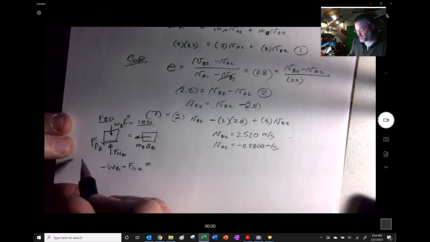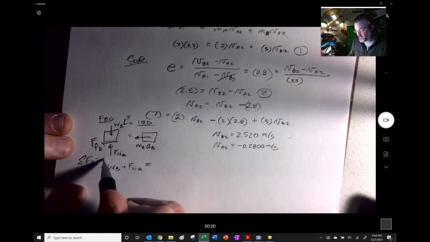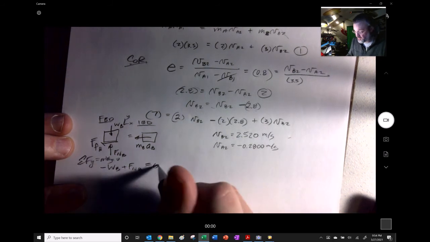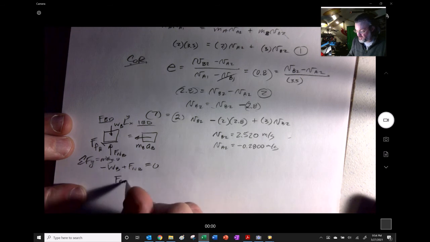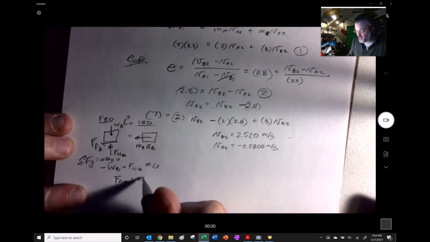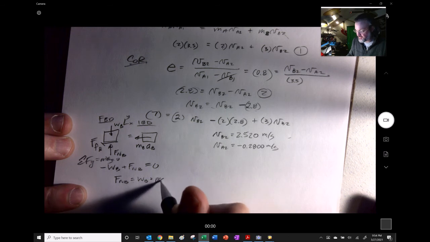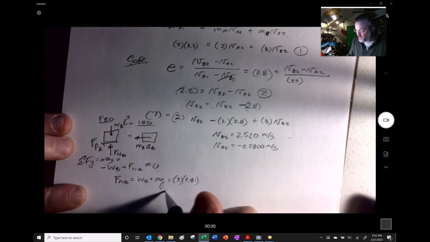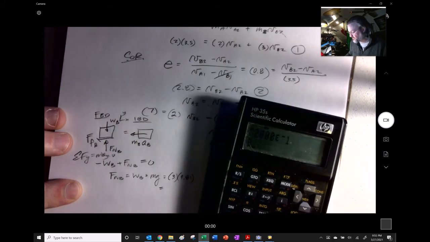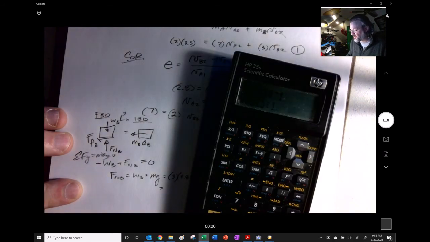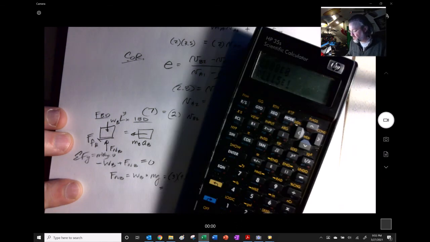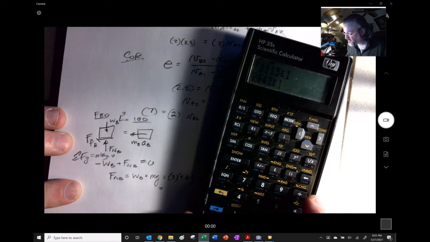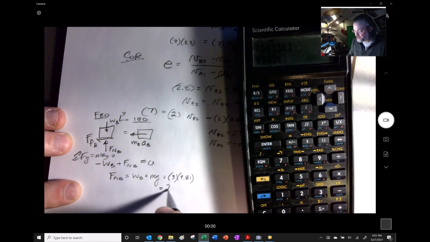The sum of the forces in the y direction equals mass times acceleration in the y direction, but it's 0 in this case. So F_NB is equal to the weight of B, which is mass times gravity, 3 times 9.81, which is 29.43.